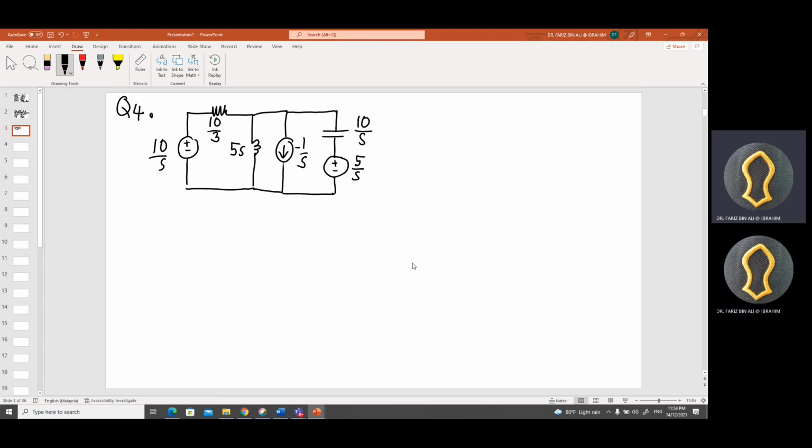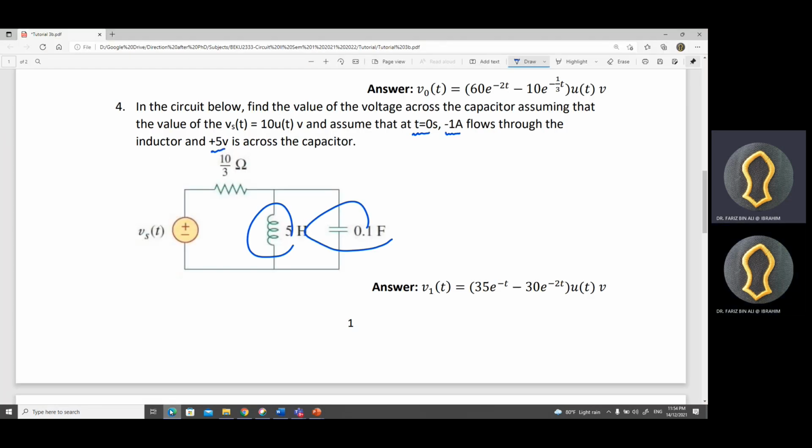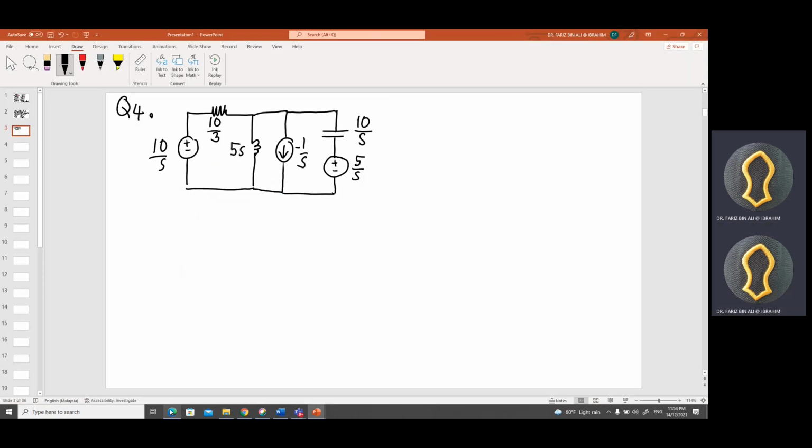All right, so which method do I want to use? It mentions no specific method, so again, I like to choose node analysis.